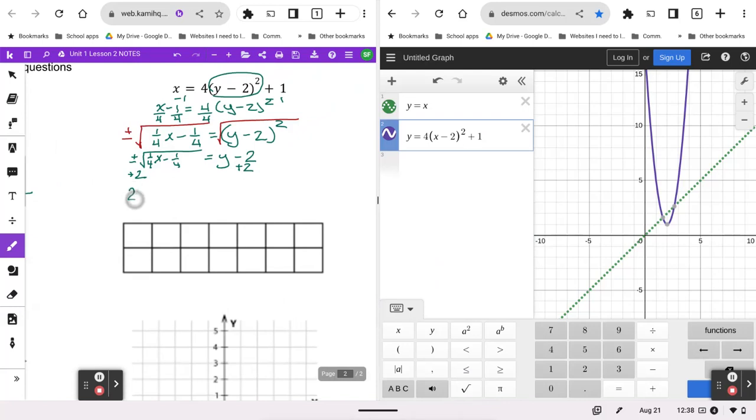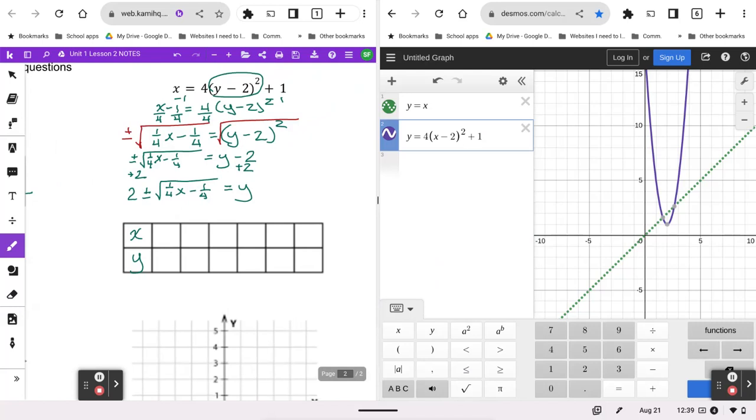So we're going to go 2 plus or minus the square root of 1/4 X minus 1/4 equals Y. And then we get X and Y. Now, we could go ahead on to Desmos, but we know it's going to be a little picky. It's going to be a little bit more crazy, but we could.